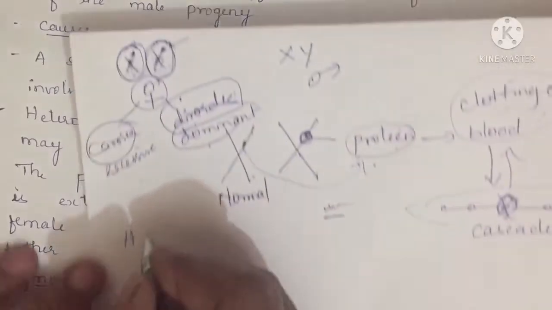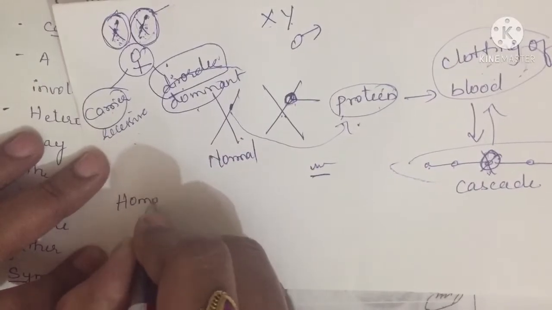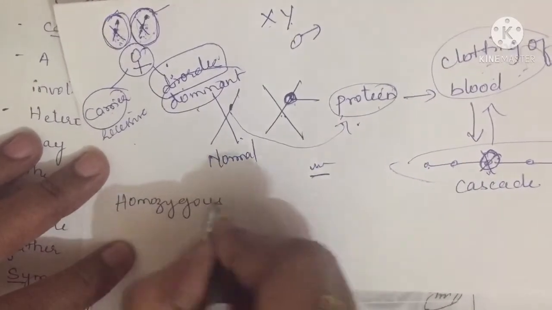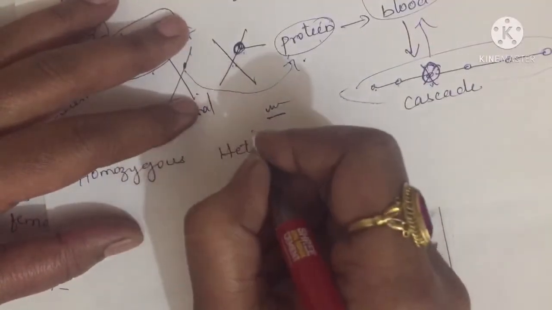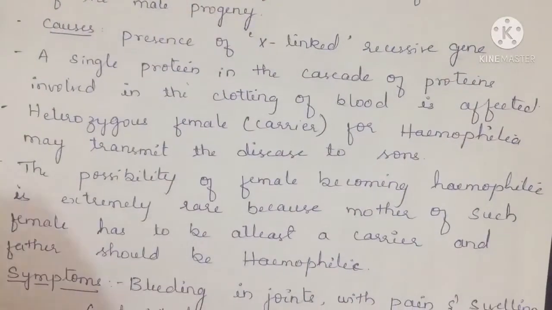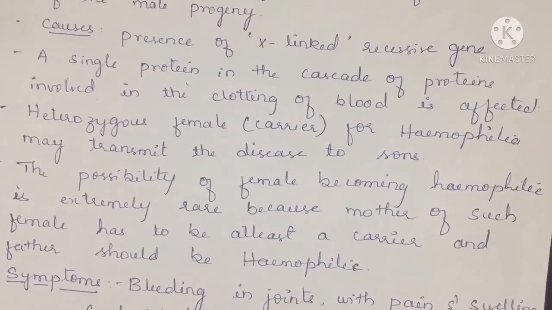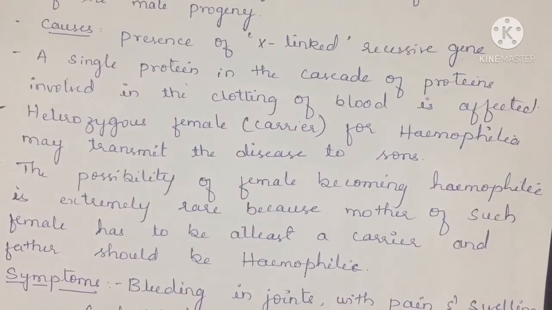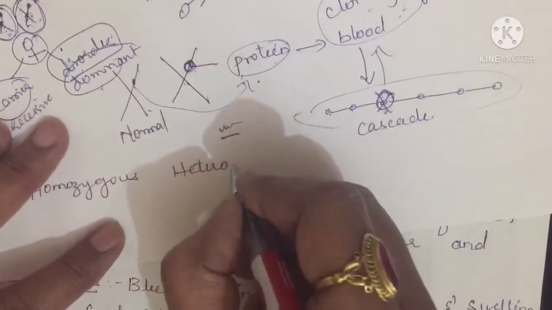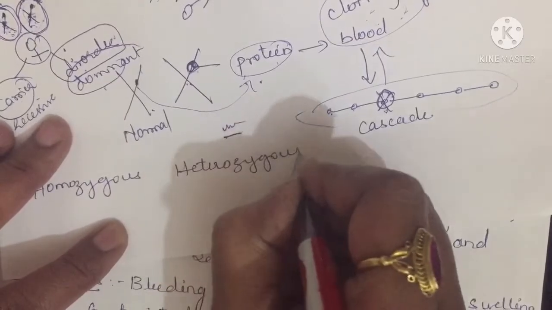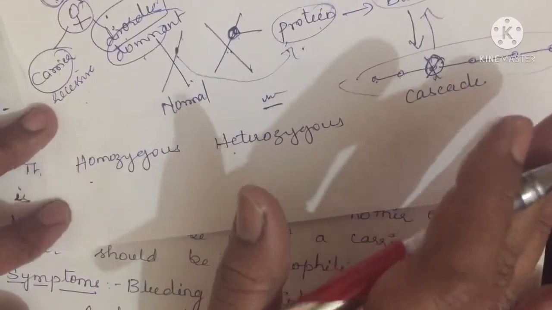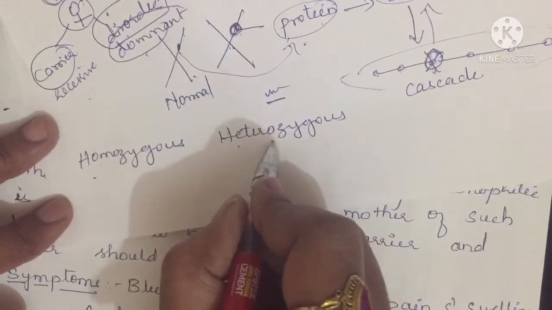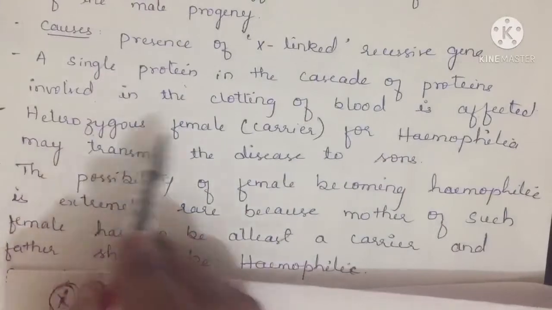Here we are using homozygous and heterozygous. Homo means same, hetero means different. We have discussed this many times in our previous videos. Now, here what we are saying is that the hemophilic female is heterozygous.